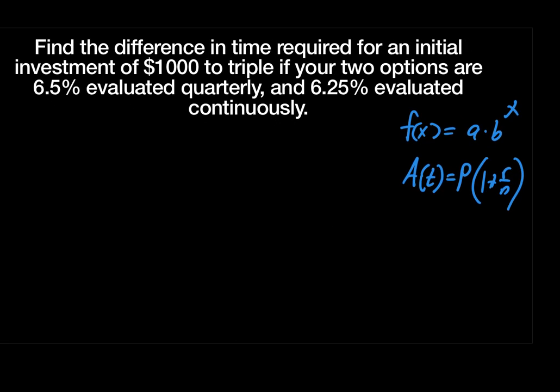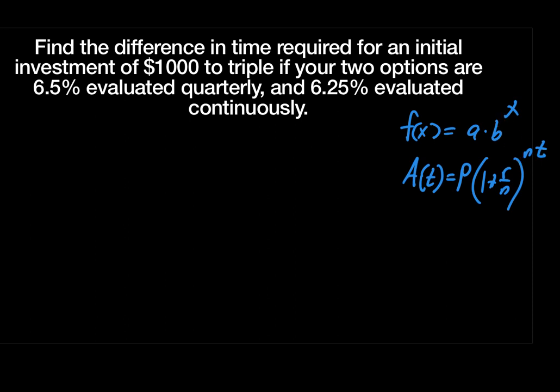If it's a finance function, how many times a year, or per whatever period you're talking about, to the nt. It's still the same equation. A is P, b is this number in here, and then x is how often you're going to be compounding things.